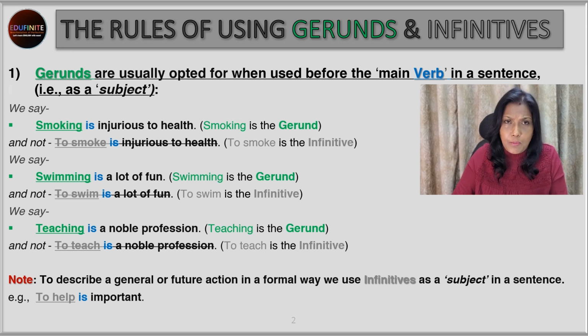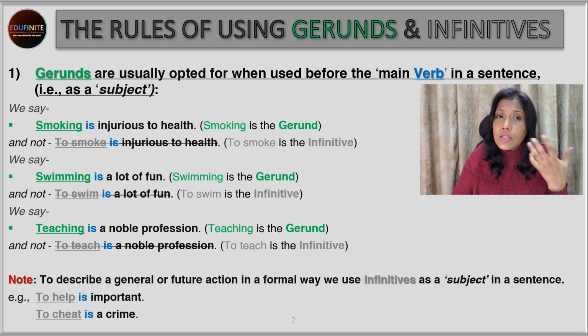We don't say helping is important that time when we want to be formal and when we try to say this as a general term, like helping, when we help others, that is very important. This attitude is very important. So we sometimes say to help is important, or we may even say to cheat is a crime. So these are some of the positions where we use infinitives as the subject.